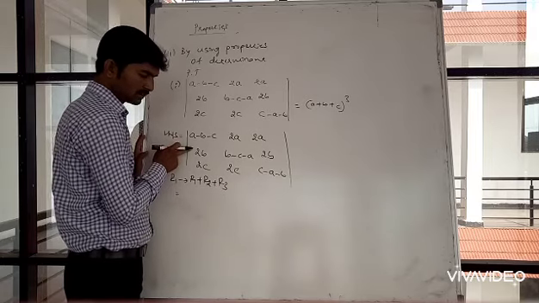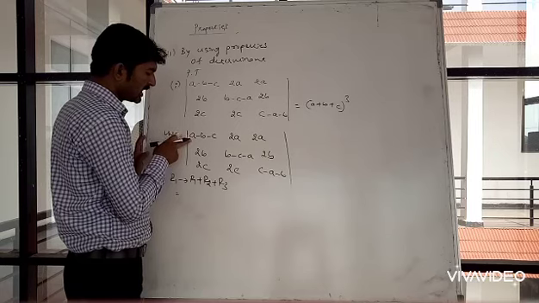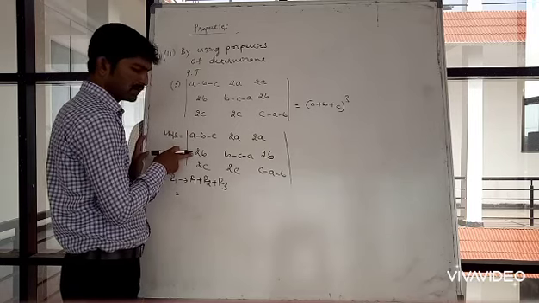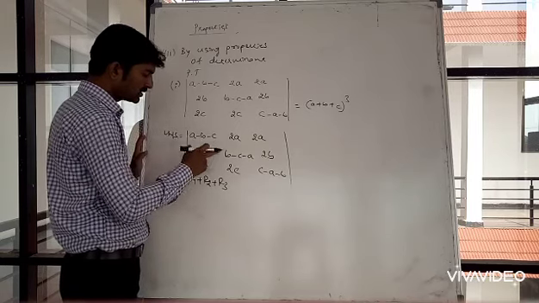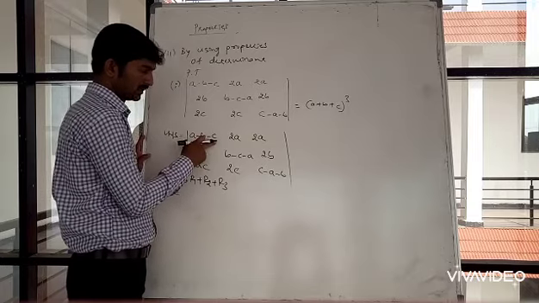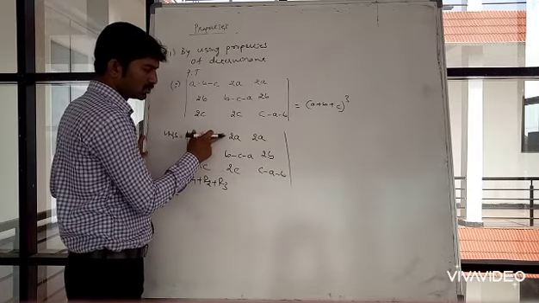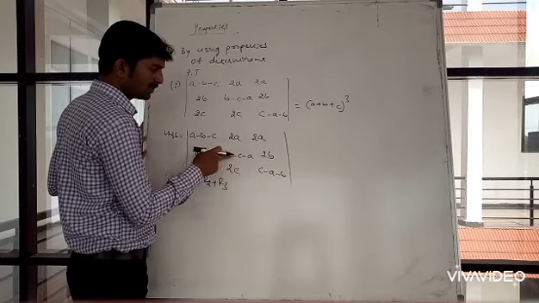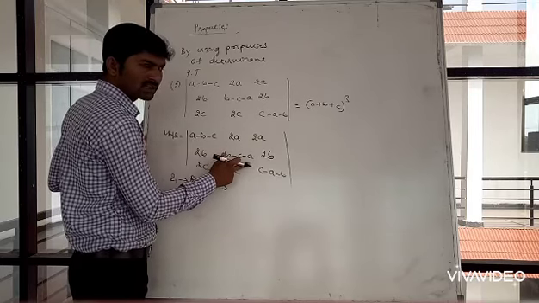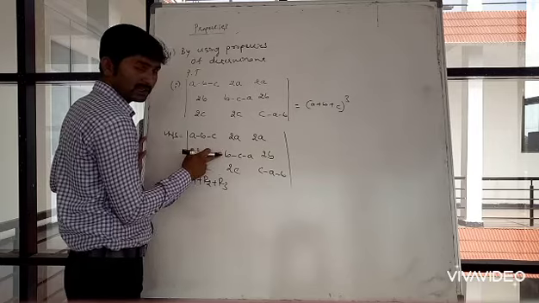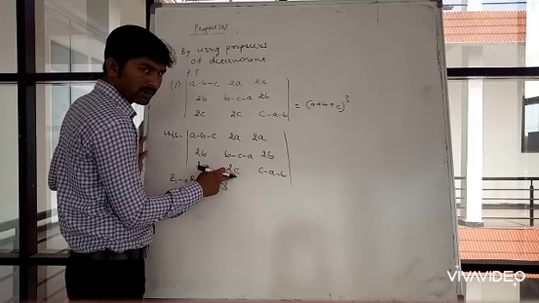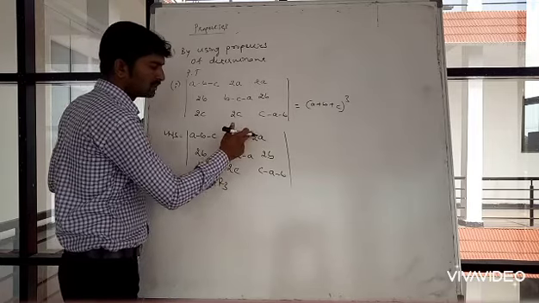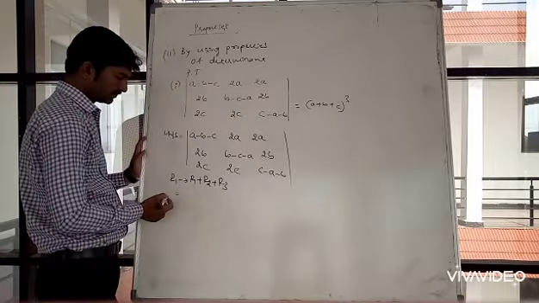If you add this 2b, here a minus b plus 2b, it will be plus b, minus c plus 2c, it is plus c. Here also it will be same. 2a plus b minus c minus a plus 2c is there. 2a minus a plus b minus c plus 2c plus c will come. Similarly, the third column also.